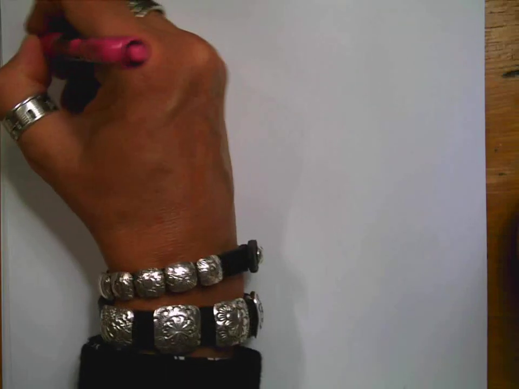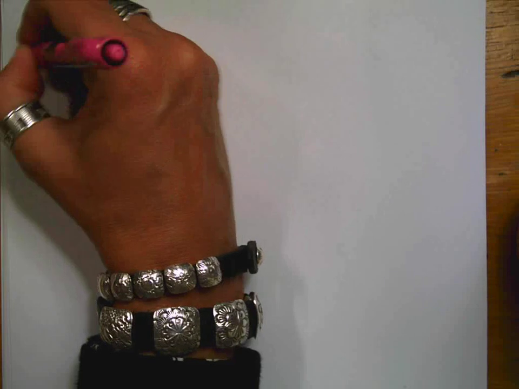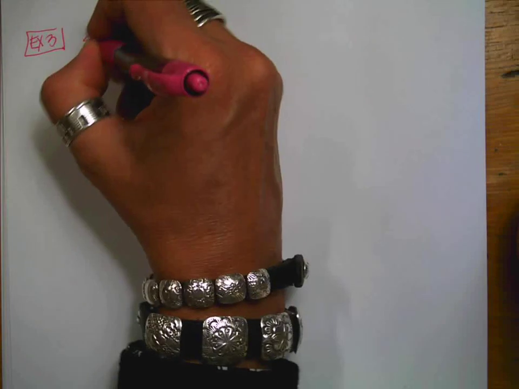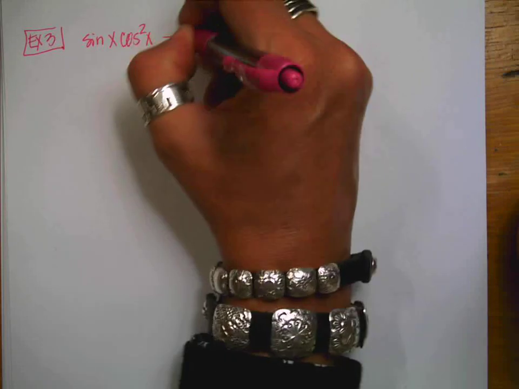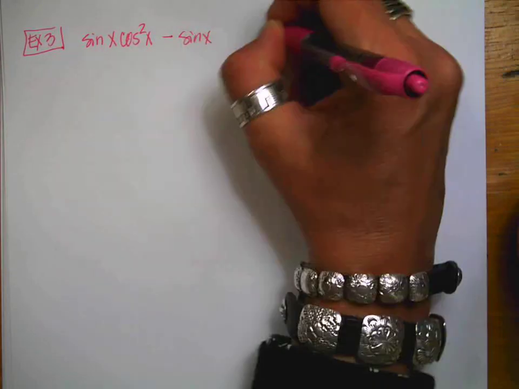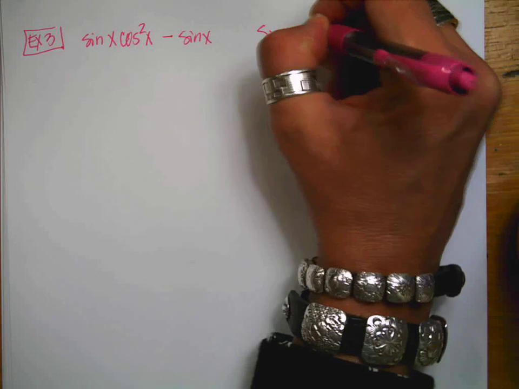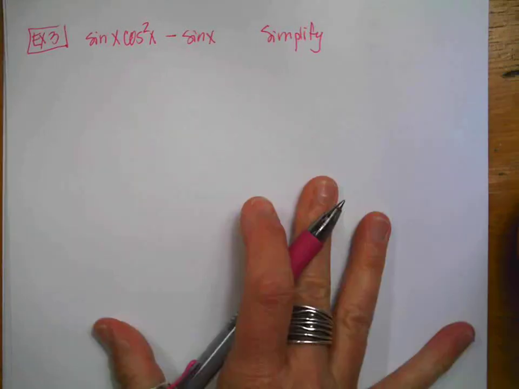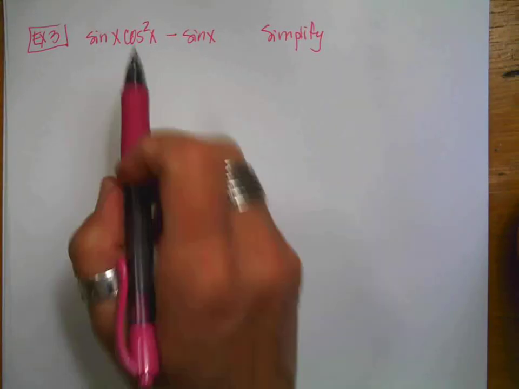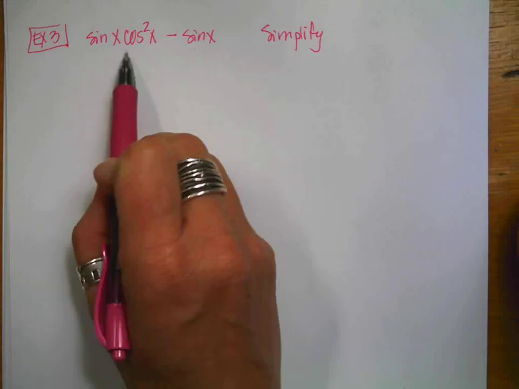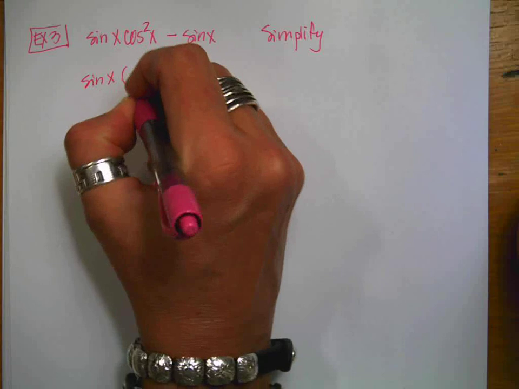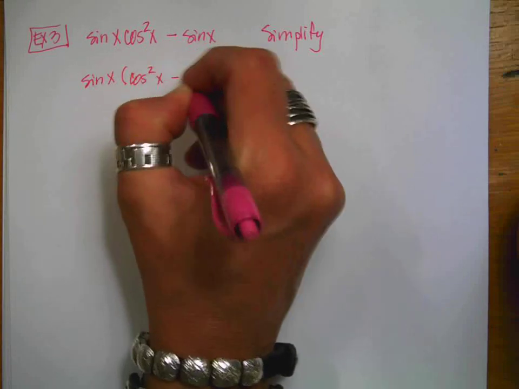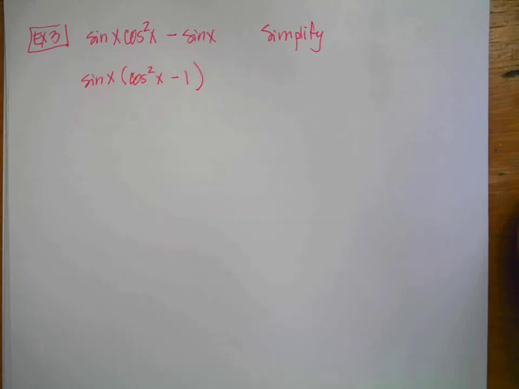For example number 3, we're actually going to do some work with the trig identities. So I have the sine of x cosine squared x minus the sine of x, and I want to simplify. So we're going to use our favorite F word. We're going to factor. You'll notice that these two terms both have a sine in common, so I'm going to factor it out, and I'm going to get cosine squared x minus 1.